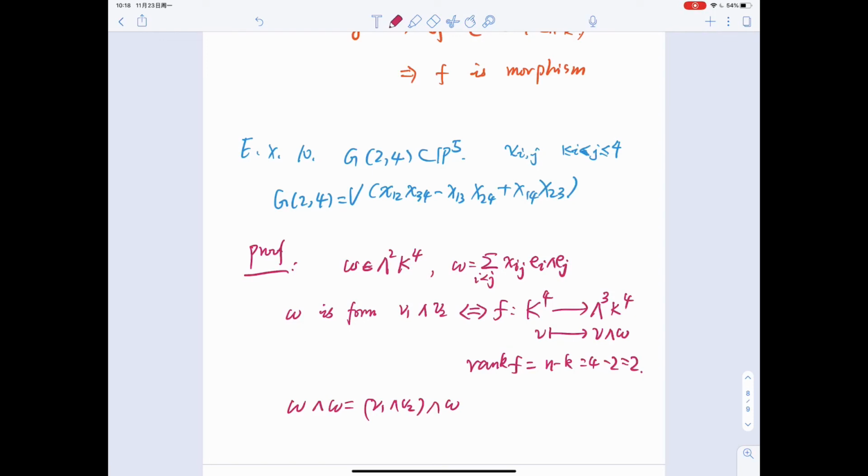It is of rank 0, so omega wedge omega is 0.